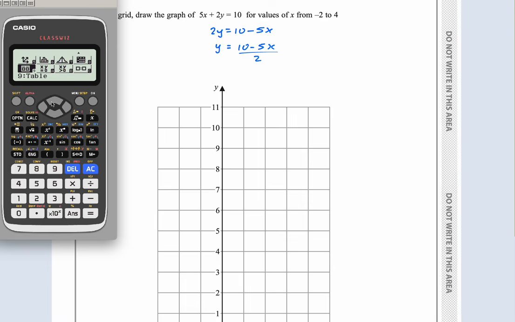If you go to the table, now here we write the function, this 10 minus 5x over 2. And you say g of x, just leave it blank. And then the start is minus 2, and the end is 4. Step 1 is fine. And then you get a table of values. The table of values is for minus 2, minus 1, 0, 1. You can even write these table of values here, guys.